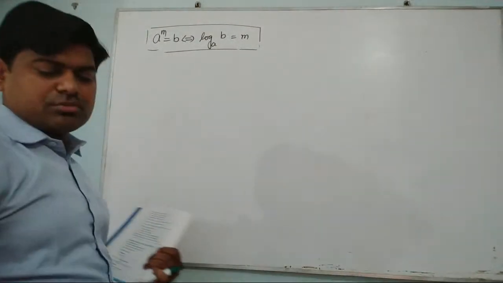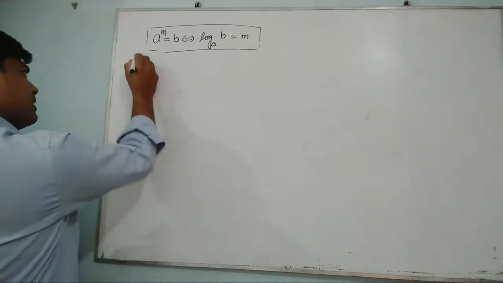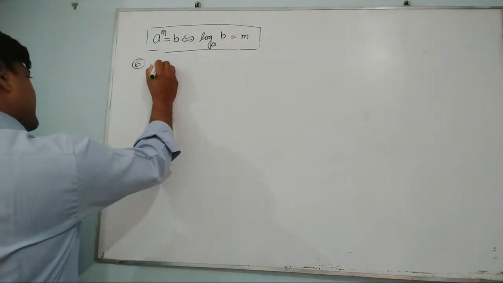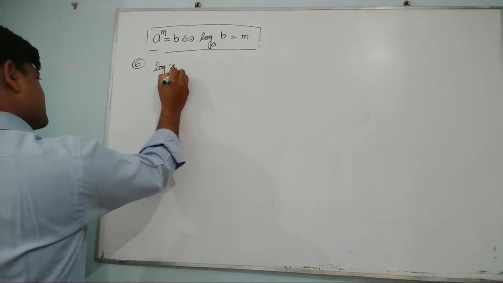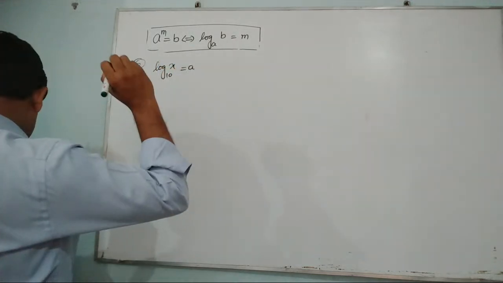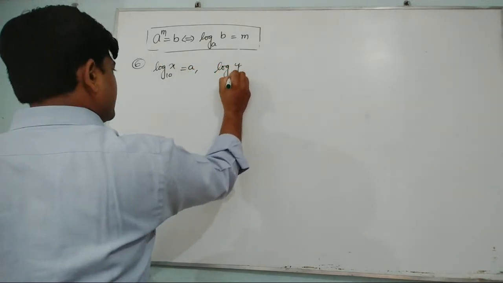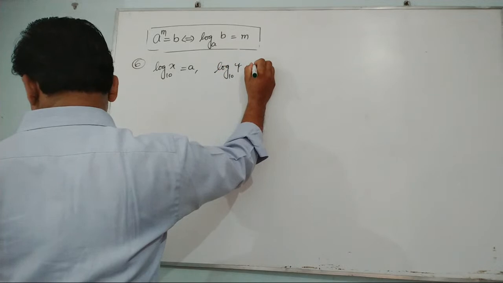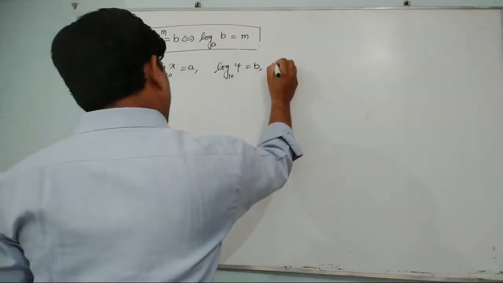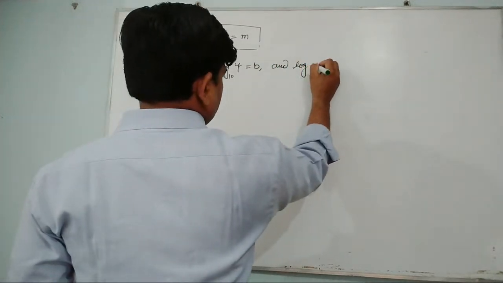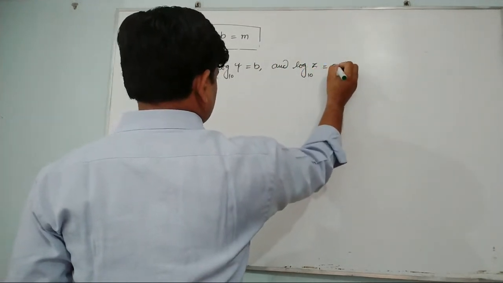So let's start question number 6. In question number 6, given that log x base 10 is equal to a, log y base 10 is equal to b, and one more thing has been given, log z base 10 is equal to c.